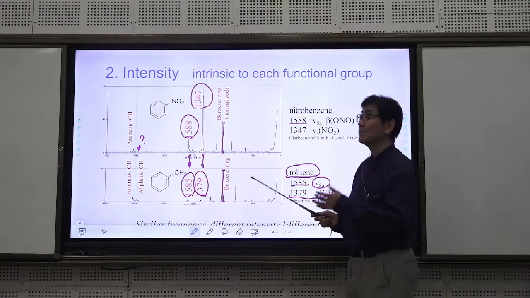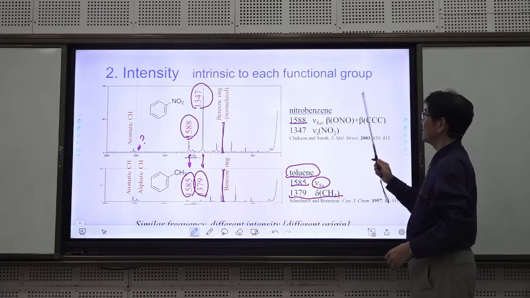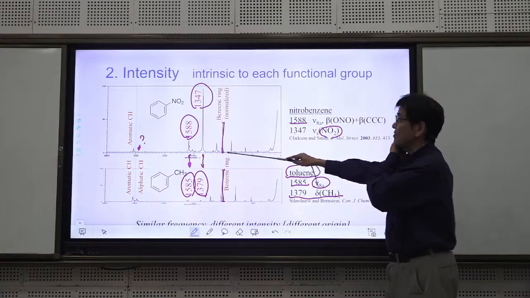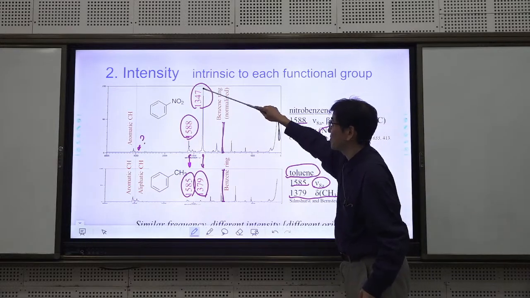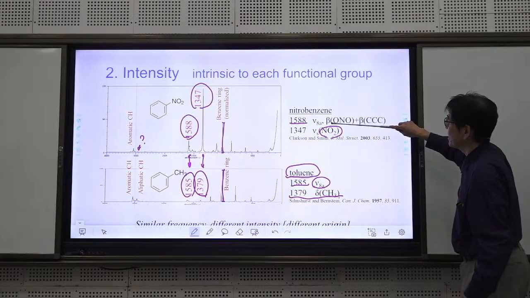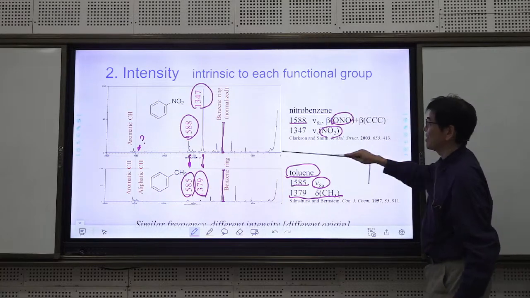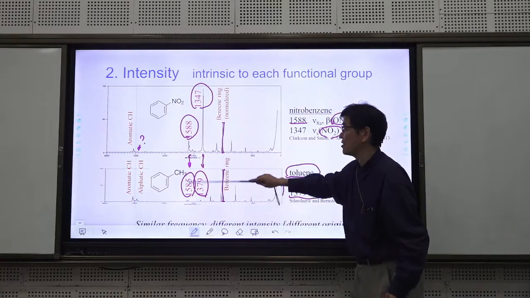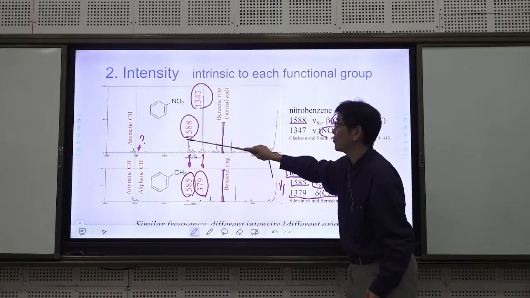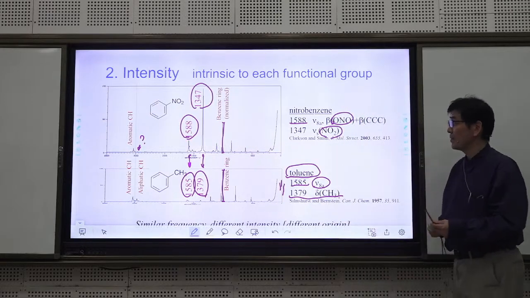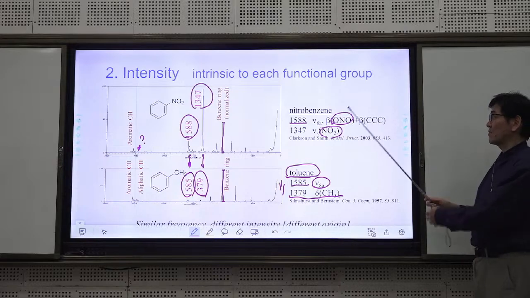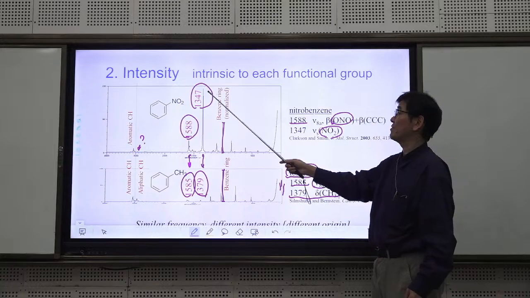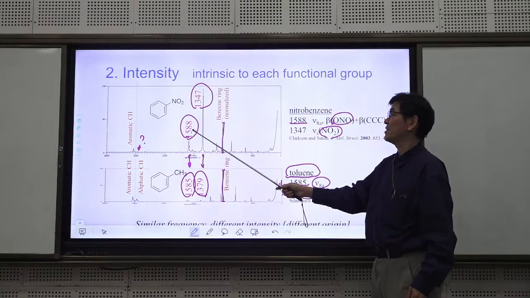We should be aware that NO2 group gives a large peak at this position. That is, the intensity is absolutely different. They are more intense. If we know this fact, NO2 group gives a characteristic peak near 1350 and 1590.